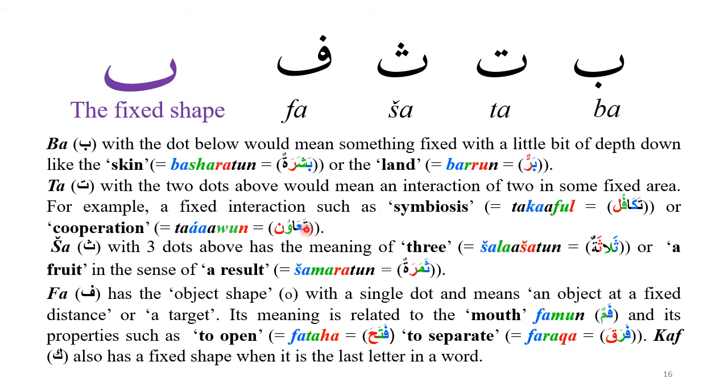So see, a fixed interaction. And tha would mean something heavy or a result. So thalathatun means three, for example, three dots. And then a fruit in the sense of a result, thamaratun, a fruit of something. And for after a fixed time or a fixed coordinate. And nun means a fixed target at a distance.